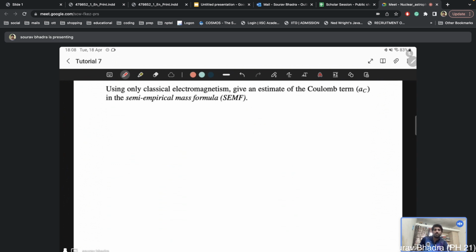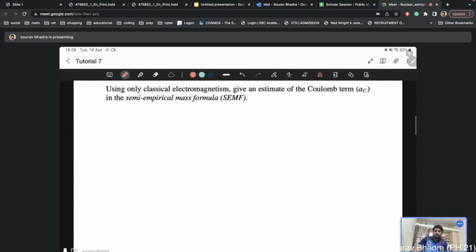Before the exam you can also go through that book, which is mainly problems and solutions based on nuclear physics. If you want to do those problems, you can do it before exams. Okay, so let us start with the problems.